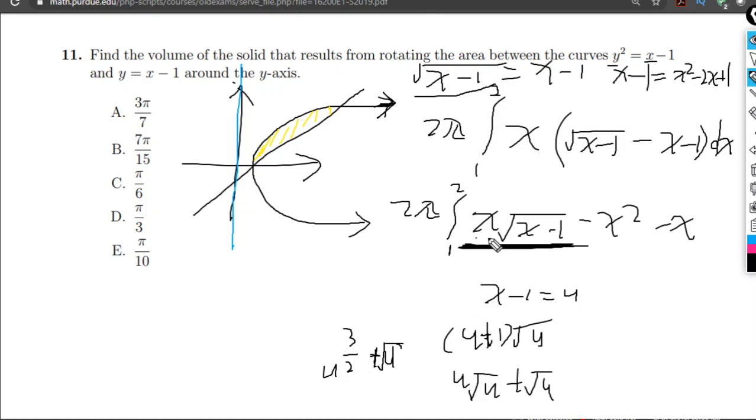But if you see something like this, you can definitely solve this with u sub, x minus 1 equal to u, then x will equal u plus 1, and then you can separate this and integrate like you integrate u here, and then you can probably get this. But this is how you would solve it with cylindrical shells.